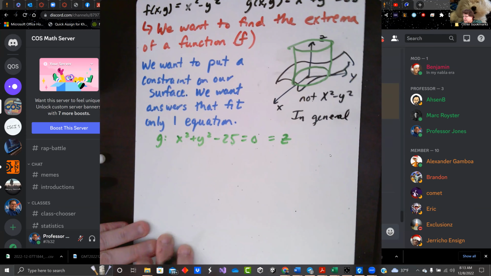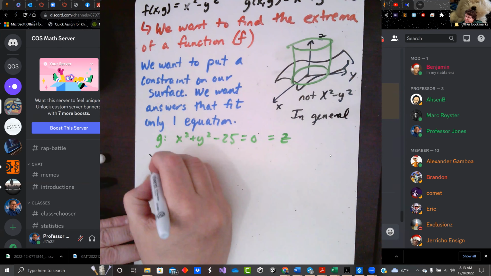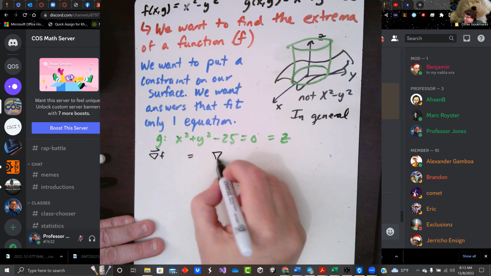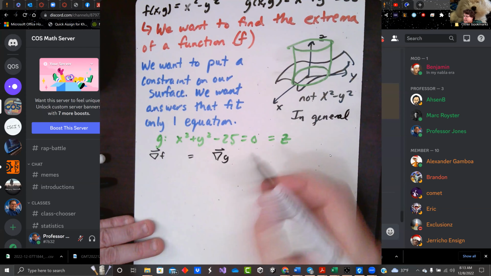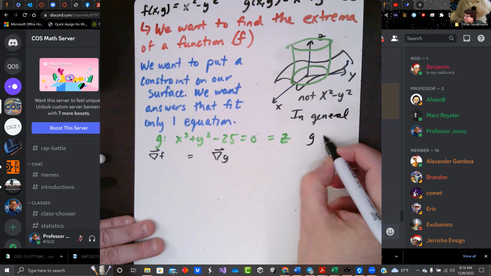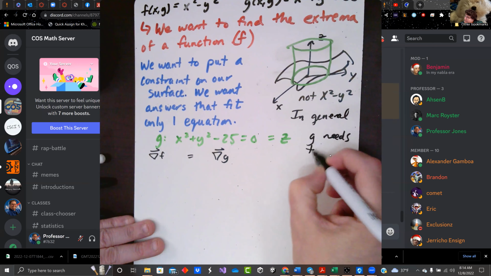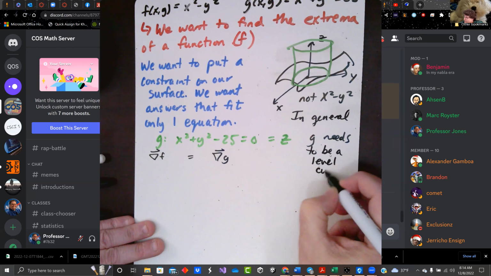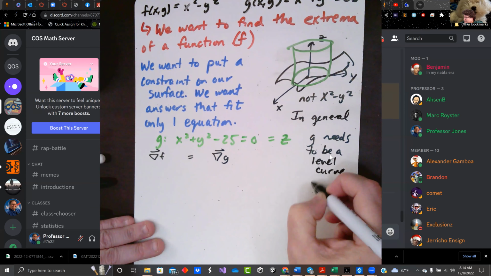The way we can do that is we can take the gradient of f and we can take the gradient of g, where g needs to be written like a level curve, where the right side equals 0.